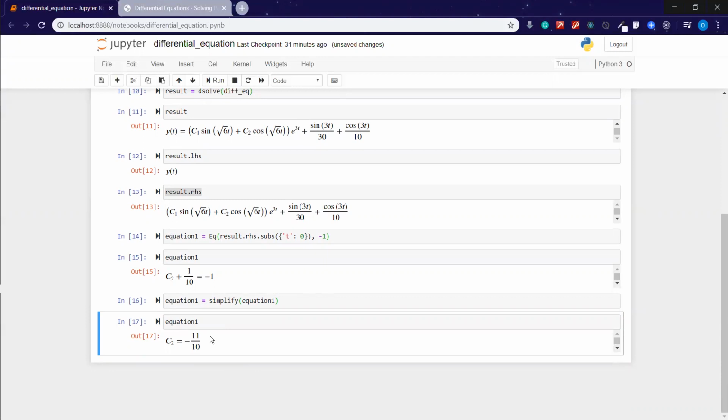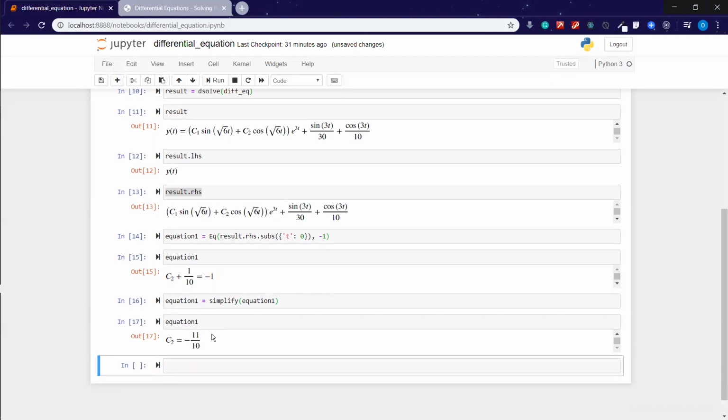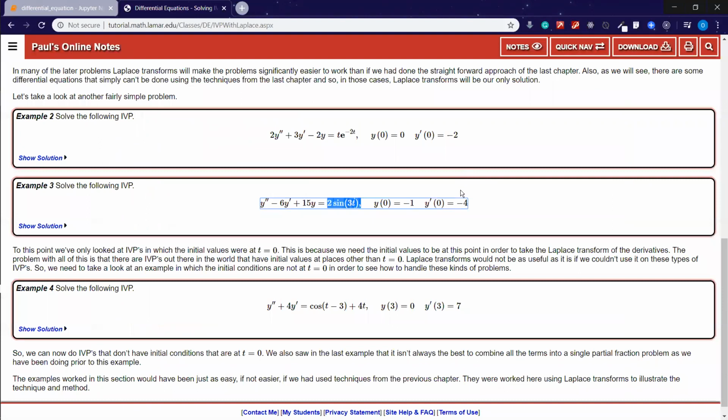So now we need to substitute values for the second initial condition. But first, we need to differentiate the right-hand side of our result to get y prime. Then we substitute for t, and we equate that to minus 4.